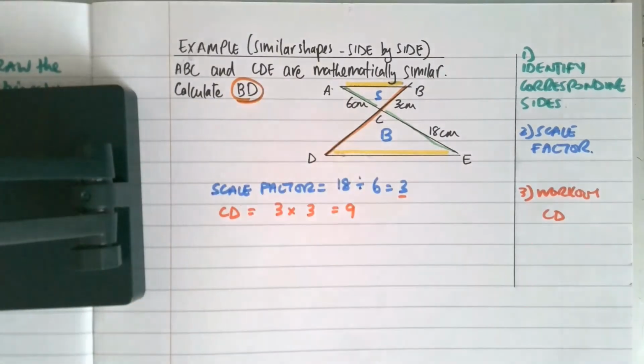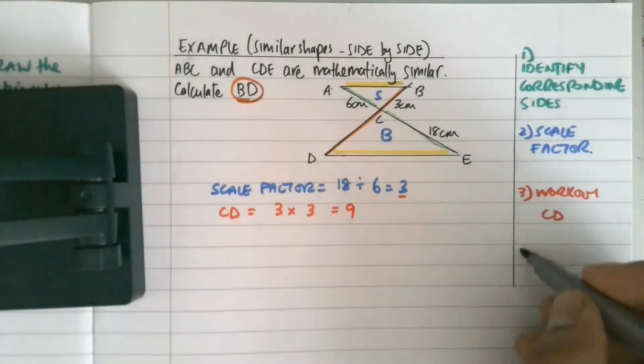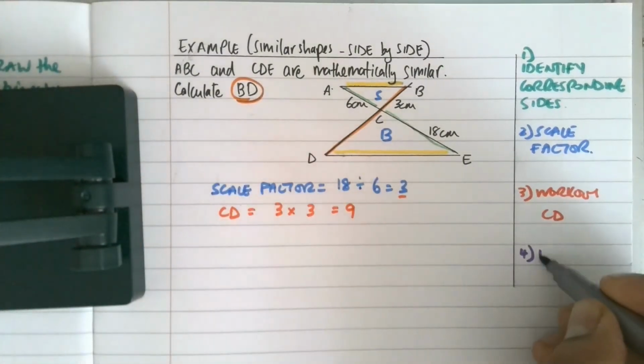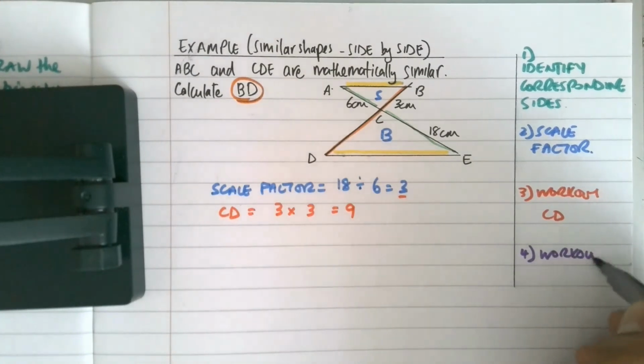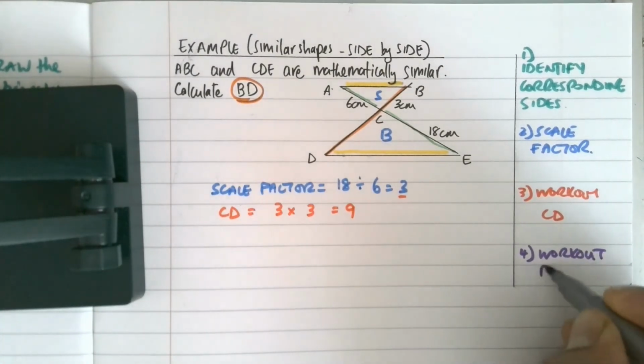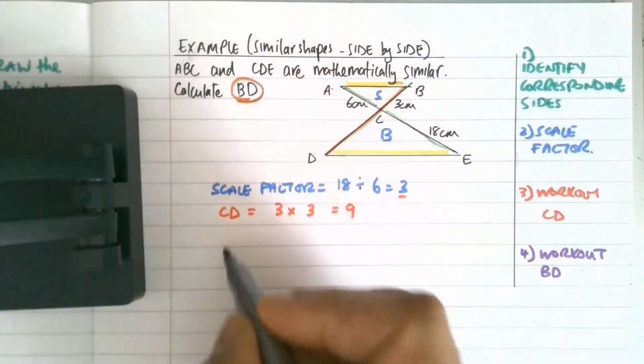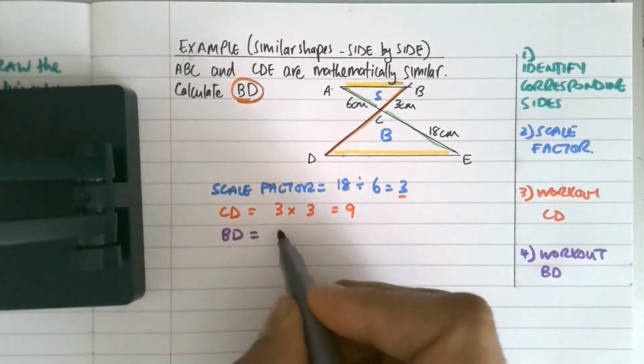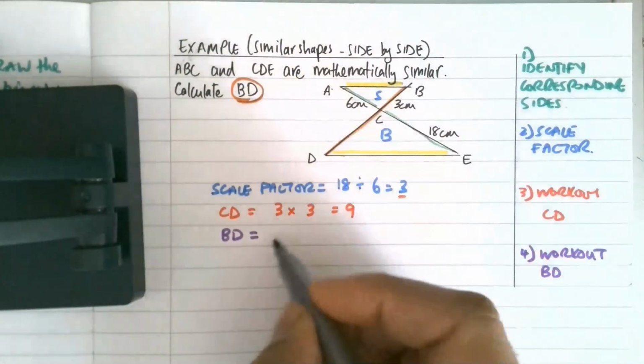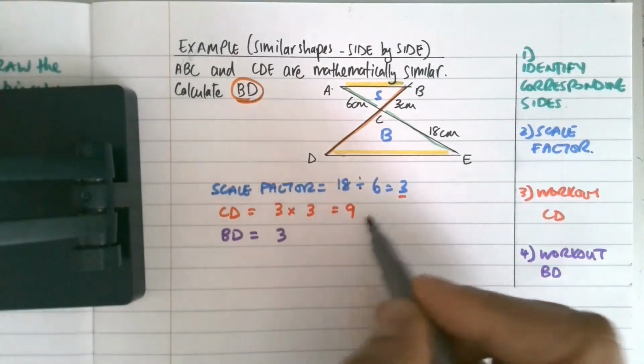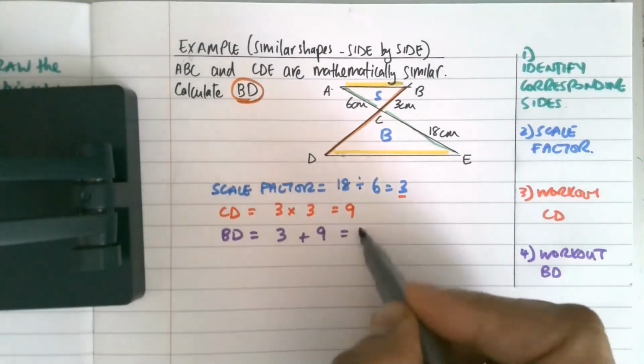It's 3 on the smaller shape, therefore on the bigger shape it's 9, because the bigger shape is 3 times as big. So now we know that C to D is 9. We need to work out the entire length of B to D, and B to D is going to be B to C plus C to D, so 3 plus 9, and that's going to be 12 centimeters.